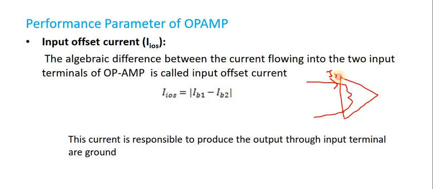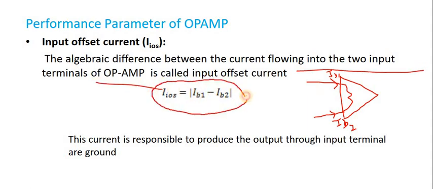This IB1 and IB2 should ideally be 0, but actually this resistance is very high, not infinite, so some amount of IB1 and IB2 will flow. If these IB1 and IB2 are not the same, then the algebraic difference between the currents flowing into the two terminals of the op-amp is called the input offset current.